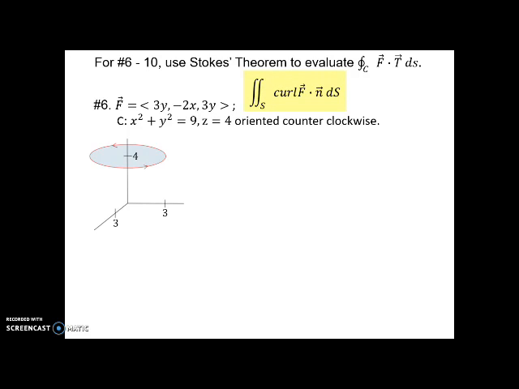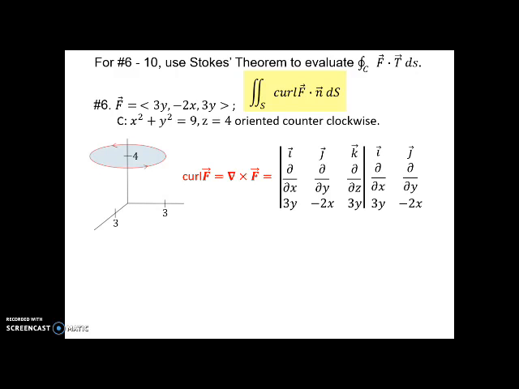Here's our integral, and we have to compute the curl. So there's our determinant that I used to compute curl, and I replace the middle row. The top row is i, j, and k, and the middle row is the partial of x, partial of y, partial of z, and then the bottom row are the components of f. And then I add 2 columns, copying the first 2 columns, and if I take that diagonal, I get 3i, because the derivative with respect to y of 3y is 3.